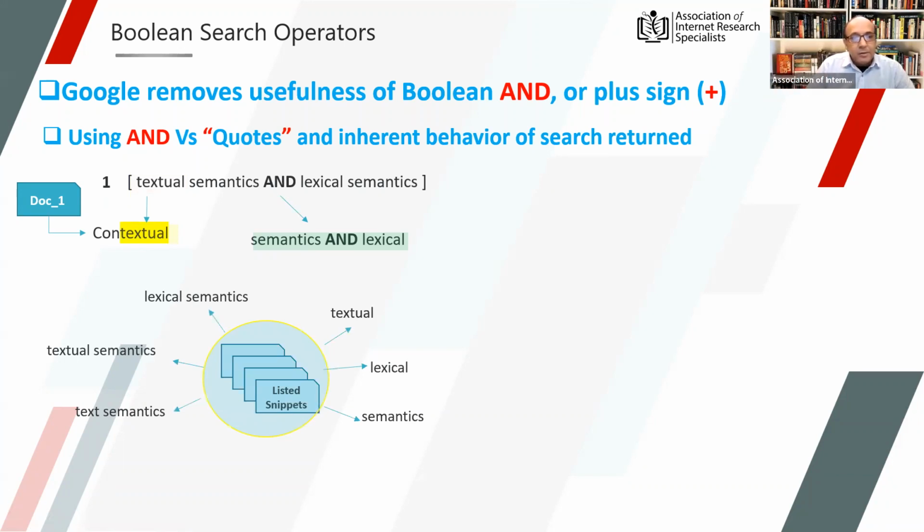Okay. Now, the next thing that it'll do is start to look for lexical semantics, textual semantics, text semantics, textual, the word textual, the word lexical, the word semantics. Even though you have tried as much as you could to control it by using the operator AND, you could see how it has reacted.